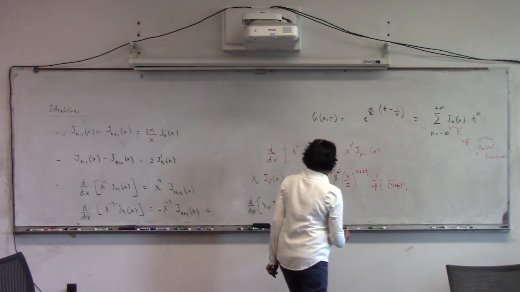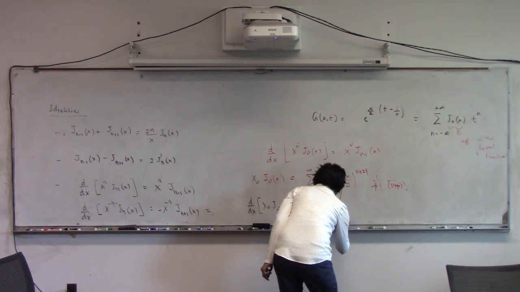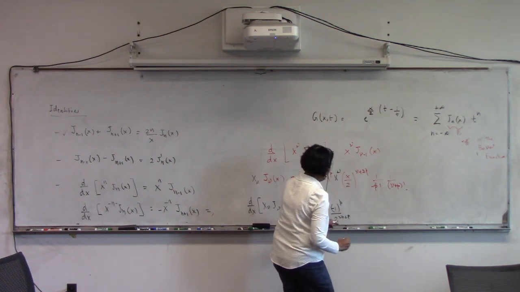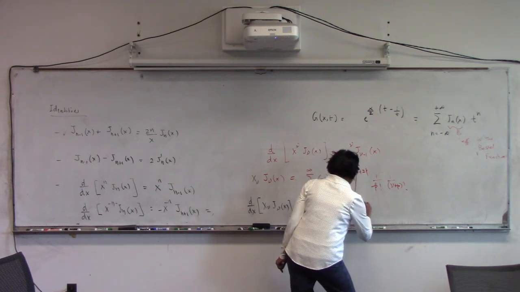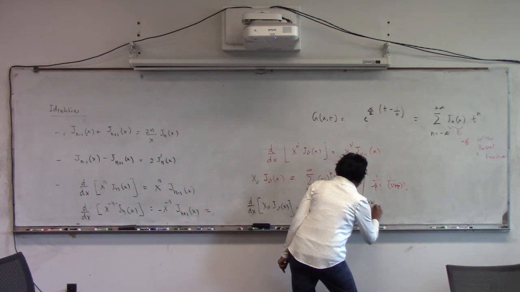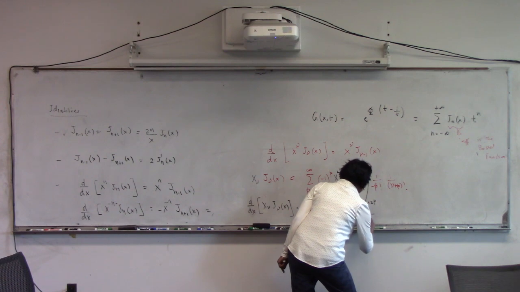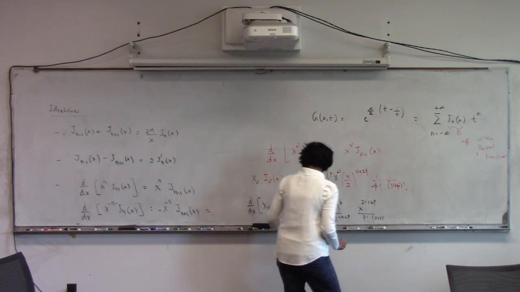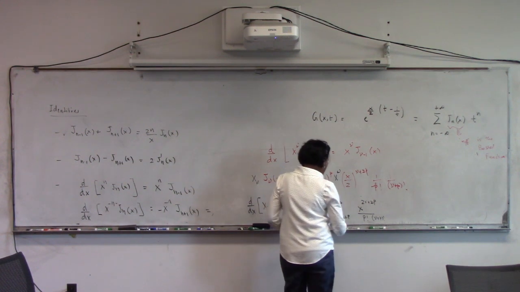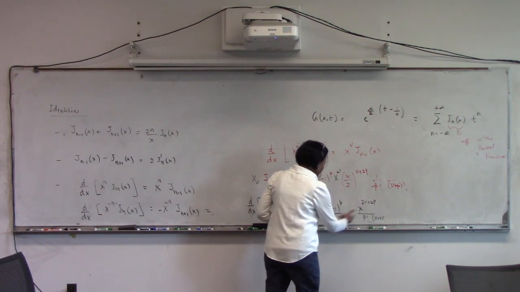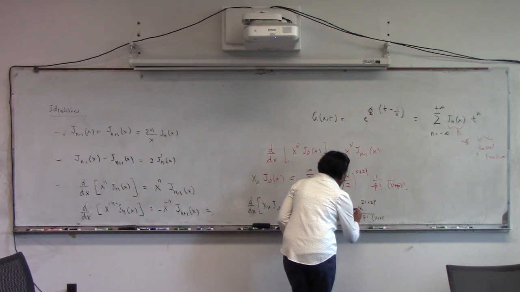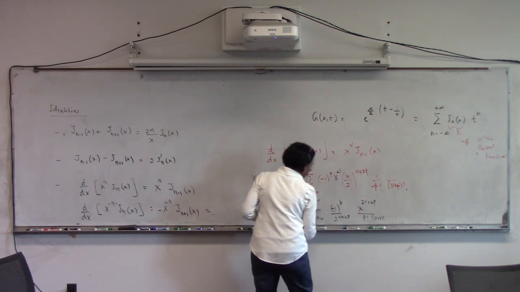We are taking the derivative with respect to x, so I just want to separate out the 2 separately. So this is 2 nu plus 2p, divided by p factorial, nu plus p factorial. And all of them are constants, right? The only thing that I have to take is the derivative of this function. Let me just take it.